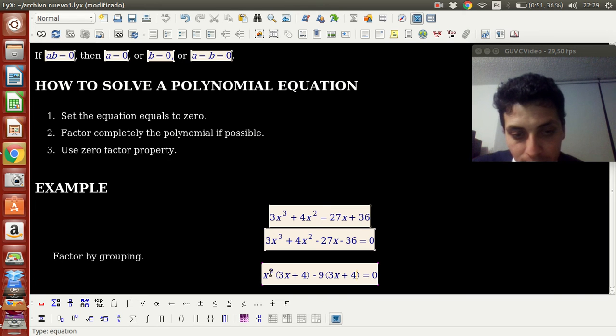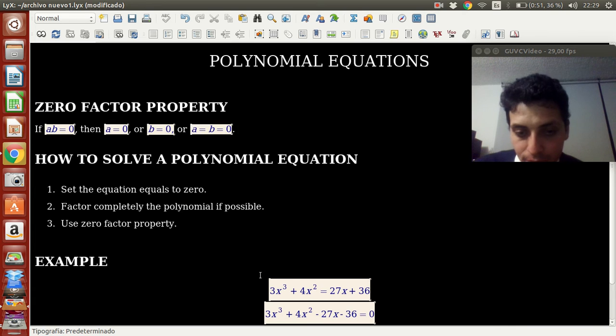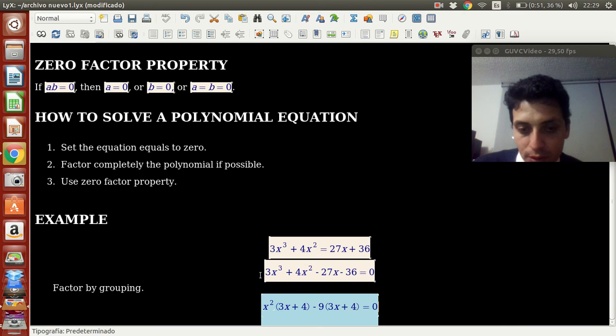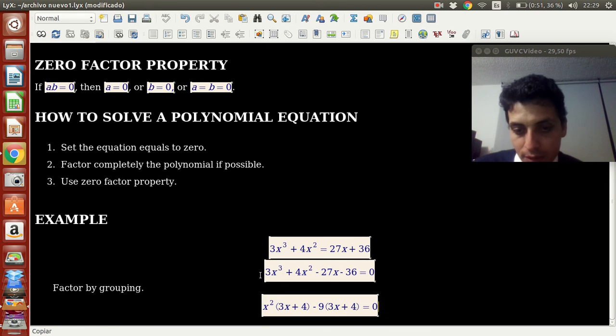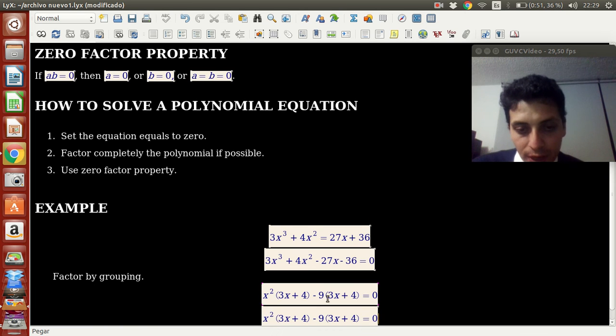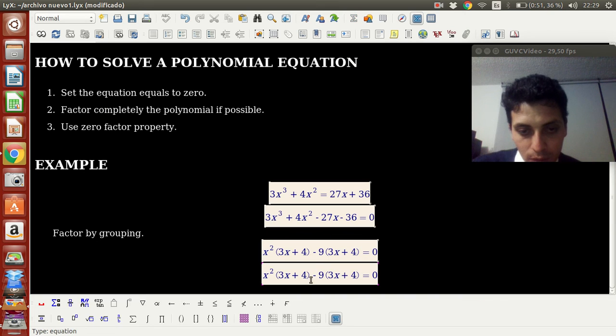Now look here. After you find the factoring, we can factor out the binomial 3x plus 4, and we have, in parentheses, x squared minus 9.